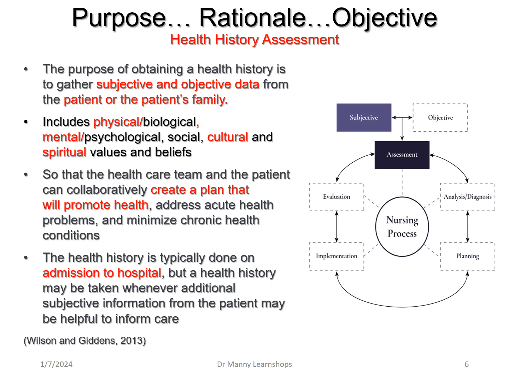This is important so the healthcare team and the patient can work together collaboratively to create a plan that will promote health, wellness, and address any acute and chronic health issues. The health history is typically done on admission to the hospital, but it can be taken and reviewed whenever additional subjective information from the patient may be helpful.